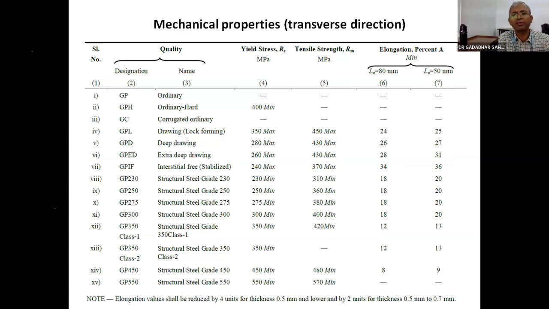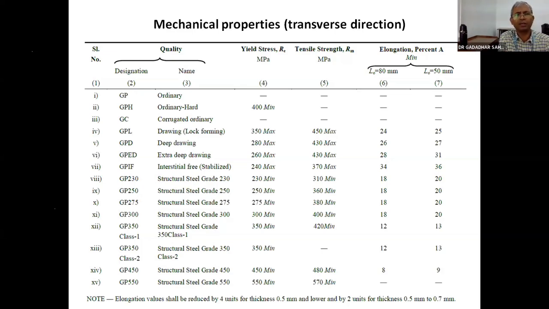Elongation is also given here. But sometimes a customer demands higher elongation. In that case, if the customer is not convinced that our minimum specification as per IS 277 is like this and you will definitely get more than that, then, suppose the minimum is 18 and the customer is demanding 25% elongation, if we are able to convince the customer, it is well and good.